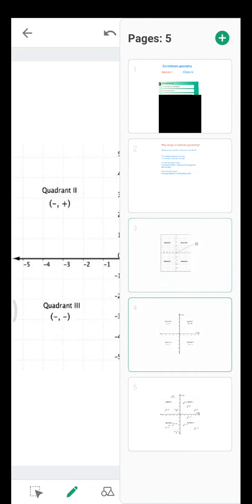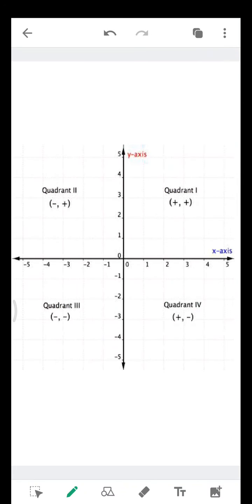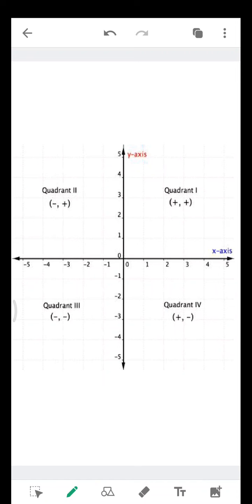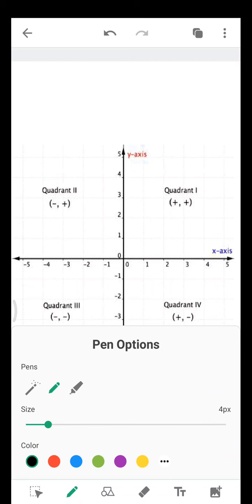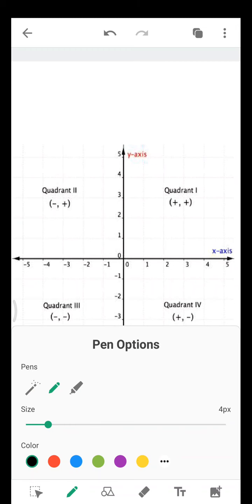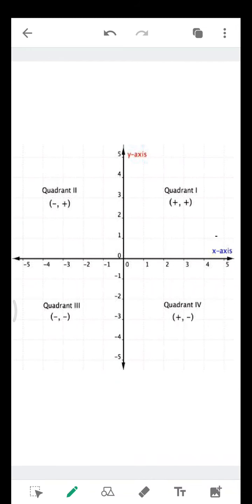On a plain paper, on a graph paper, if you draw a horizontal line, you can see here a horizontal line and the vertical line, these two lines divide the paper into four parts. And these two lines are called coordinate axis. The horizontal line is called x-axis and the vertical is called y-axis.